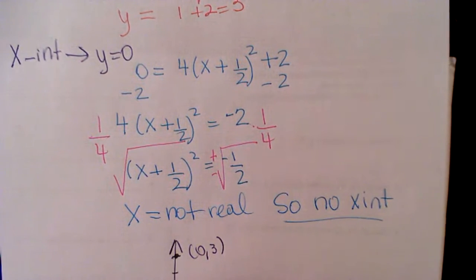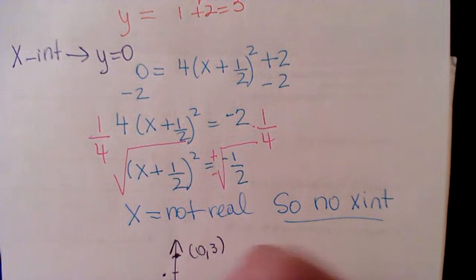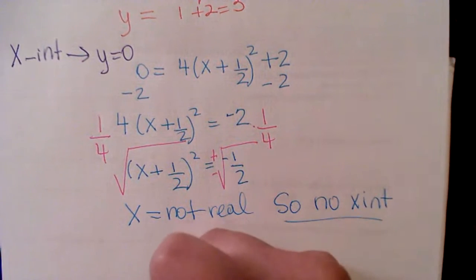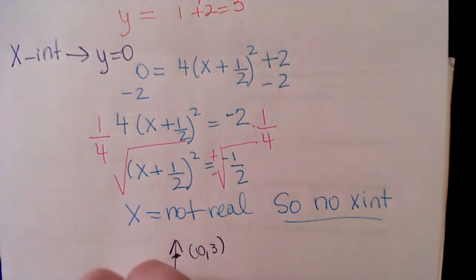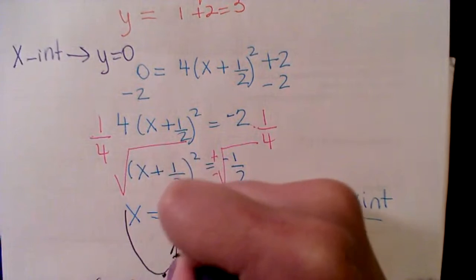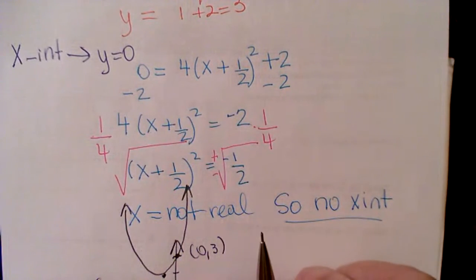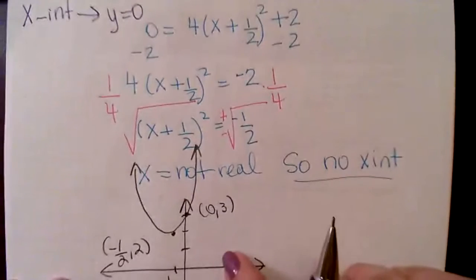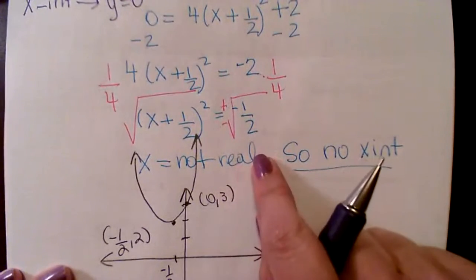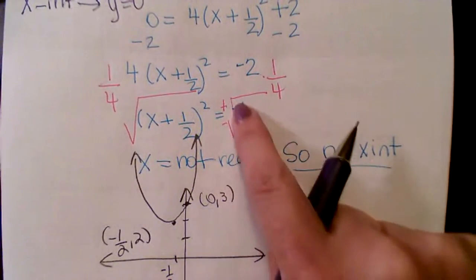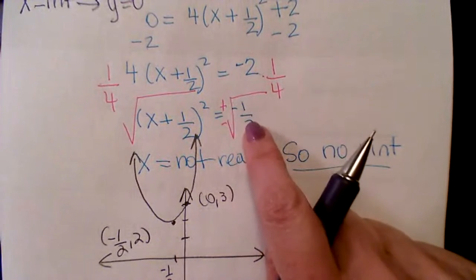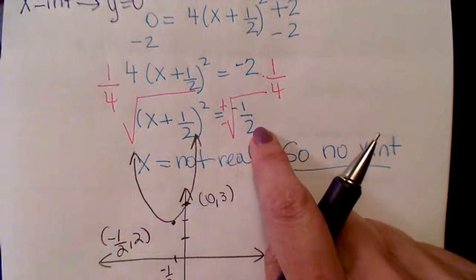So let's do it here. 2, 1, and 2. So right here, this is my vertex, negative 1/2, comma 2. So it's going to go this way. I only found the y-intercept. There is no x-intercept. We couldn't find it because it's not real. We all know why, right? Because it's a negative square root.